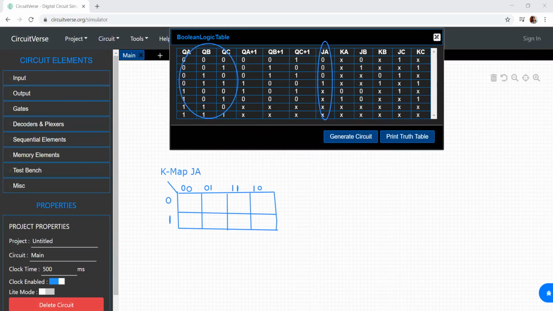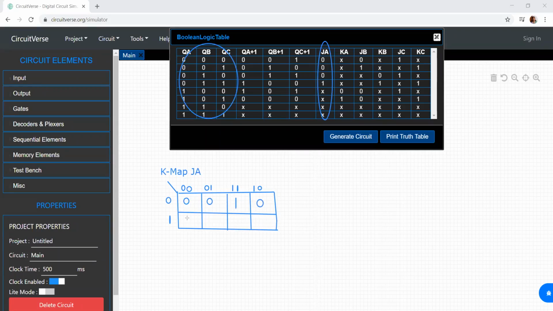Now see the K map. When your input is 0, 0, 0, what is your JA value? J is 0. 0, 0, 1, J is 0. 0, 1, 0 is 0. And next I have a 1.